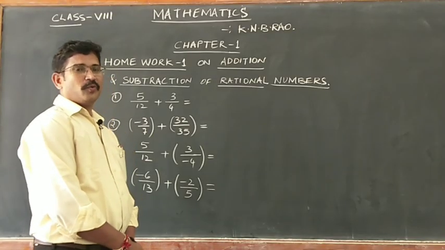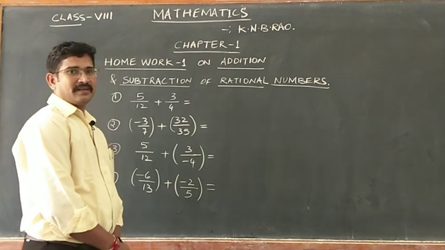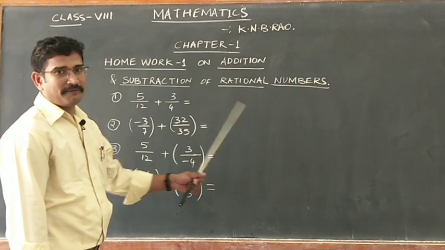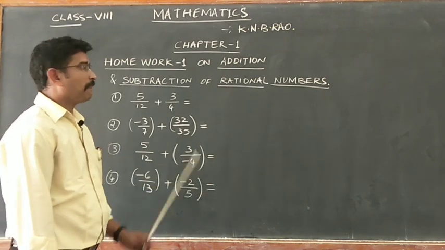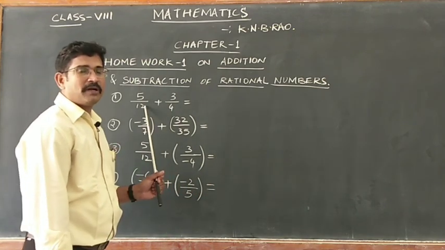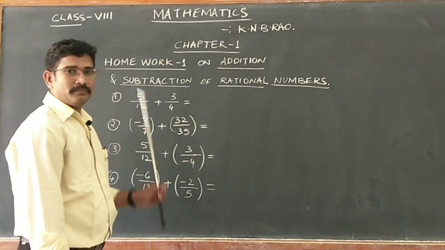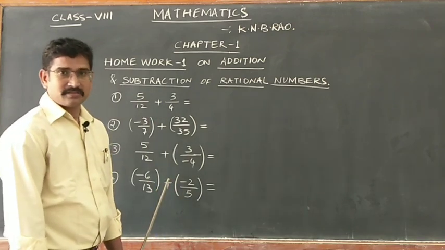Hi children, now we are going to see the examples, the questions which I have given on addition of 2 rational numbers. Here the first question is 5 upon 12 plus 3 upon 4. You know 12 and 4, their LCM is 12.